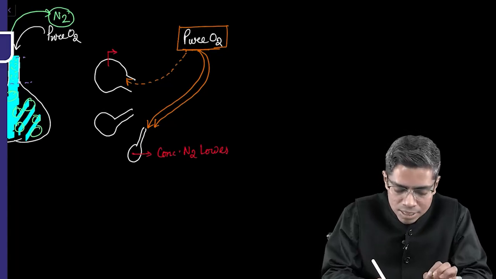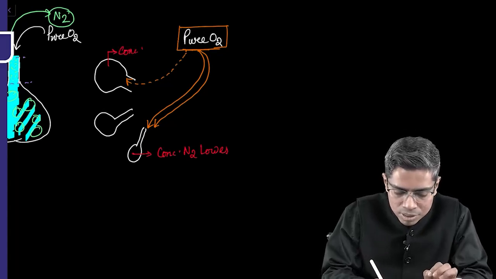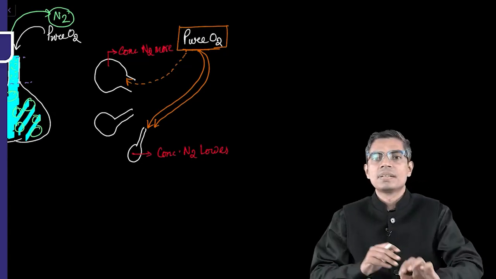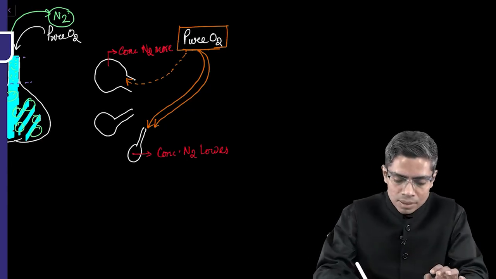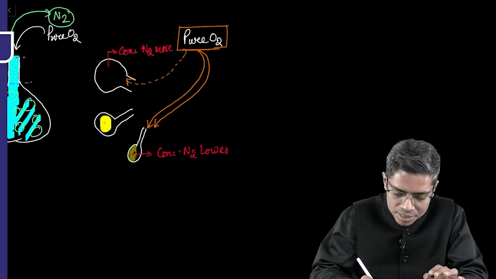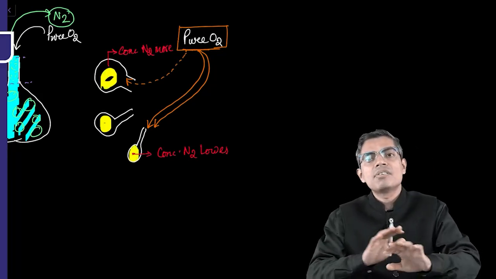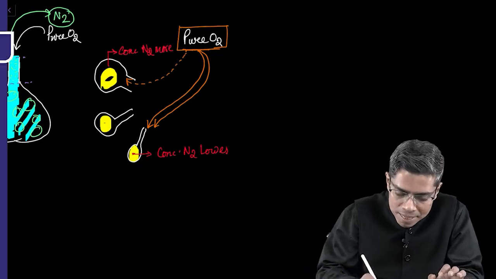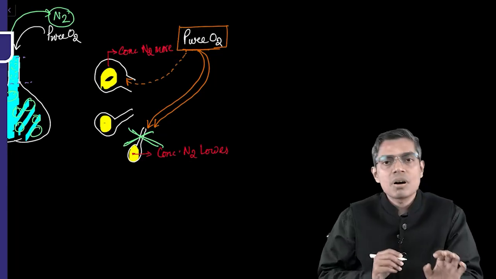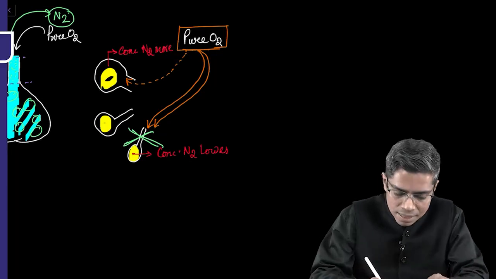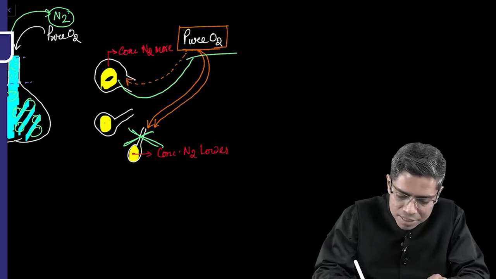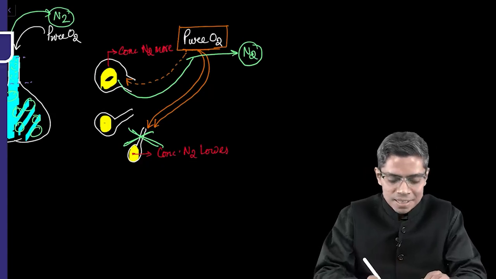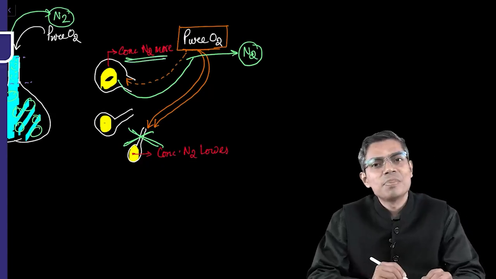Less dilution means the concentration of nitrogen in the apical region will be more. That means when the air is coming from the alveolar region, there will be a fixed concentration of nitrogen. But when the basal alveoli are closed off and air is coming from the apical region, the nitrogen concentration will be more.